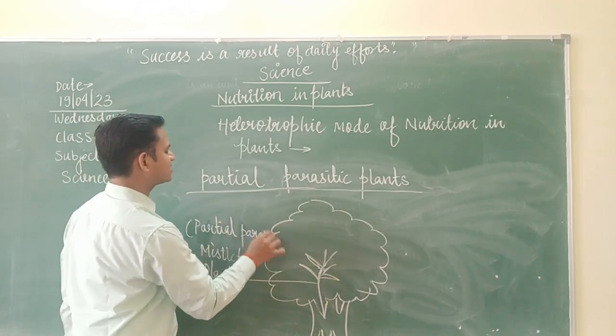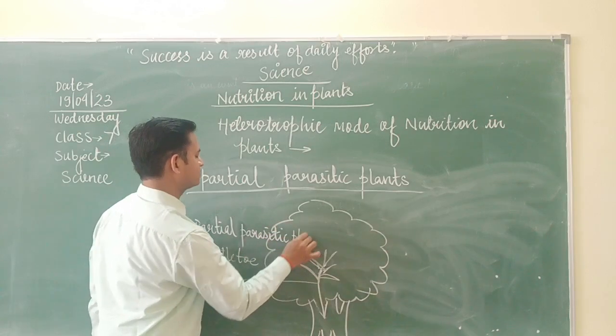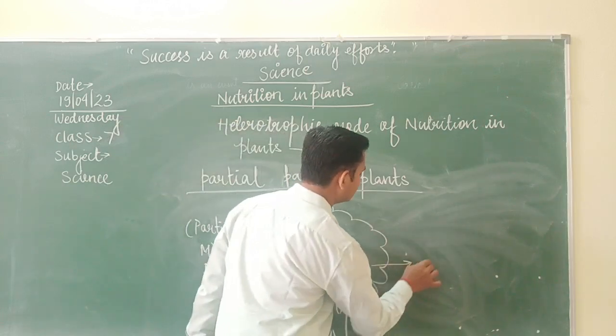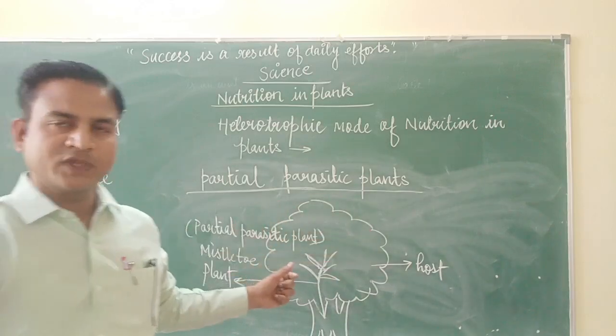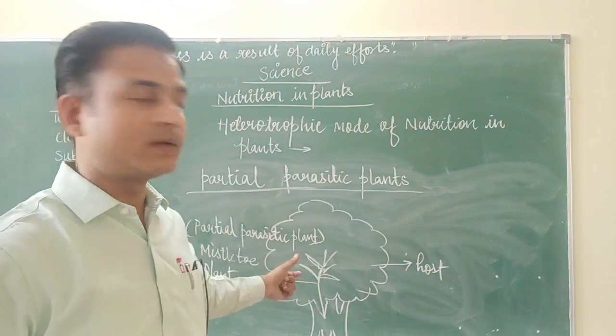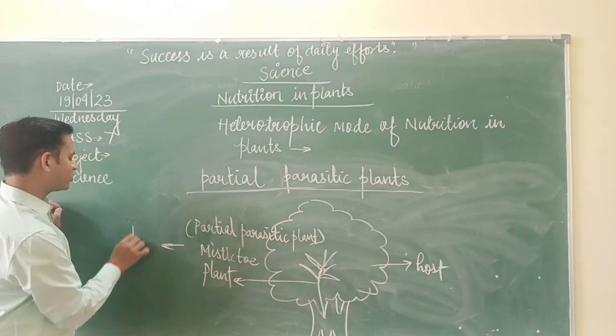Or you can say partial parasitic plant. And this tree is a host. Children, mistletoe can do photosynthesis because it has chlorophyll. Mistletoe can do photosynthesis.